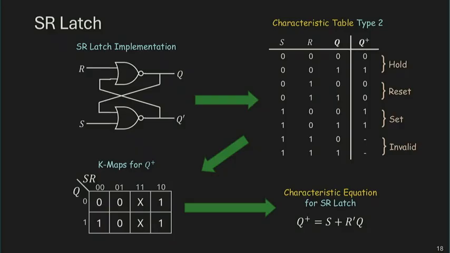And then you can also write the Q plus, the next Q behavior, in terms of these three variables as a Boolean expression. That simply involves finding a representation from the K-map: this is a prime implicant, this is another prime implicant, and these two together form the minimal representation for that function. And that's a way to describe the next state, Q plus, based on the inputs and the previous state.